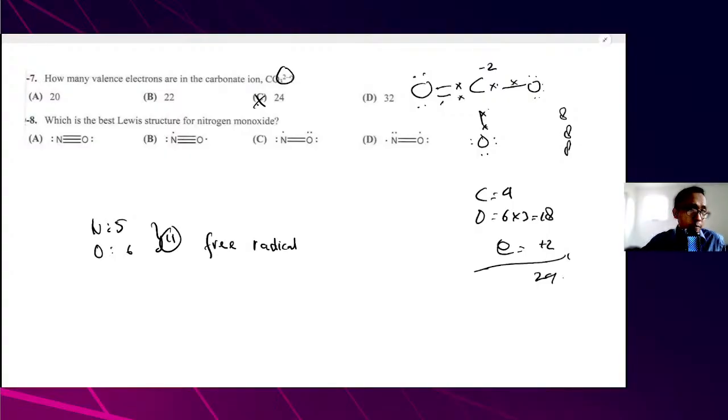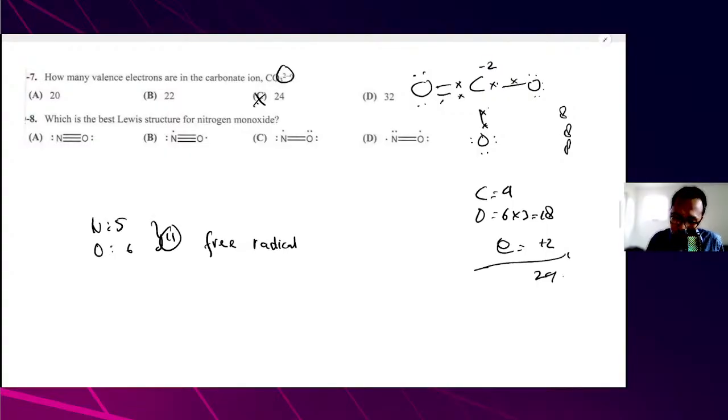Okay, so how about the first one? This has 1, 2, 3, 4, 5, 6, 7, 8, 9, 10. It just has 10 electrons, which is incorrect. How about this one? Also 10, also incorrect. How about this one? 1, 2, 3, 4, 5, 6, 7, 8, 9, 10, 11.